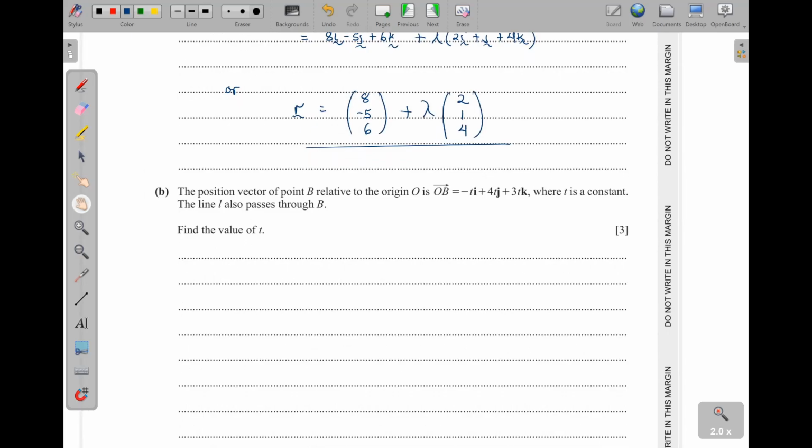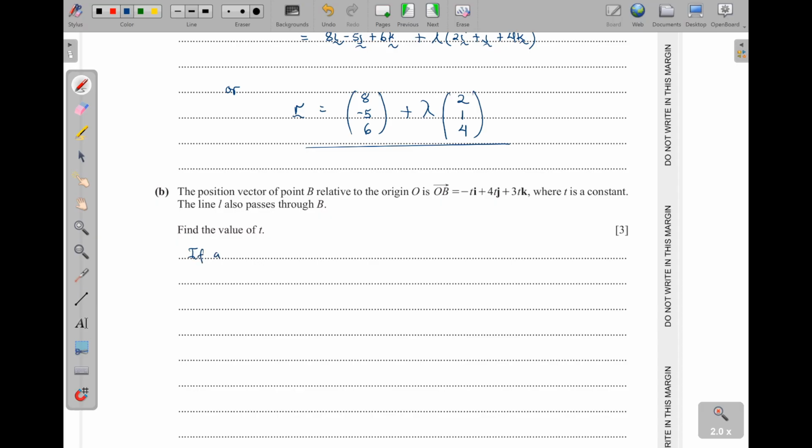The position vector of B relative to the origin O is OB, which is equal to negative t i, then plus 40j, then plus 3t k, where t is a constant. The line L passes through B. Now, if a point lies on a line, in fact, let me write it here.